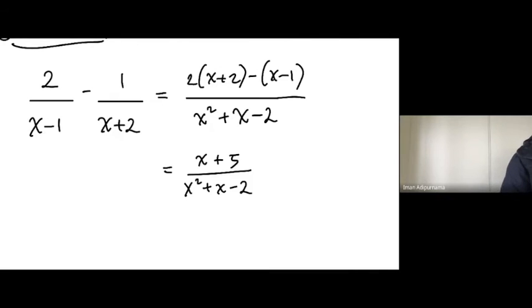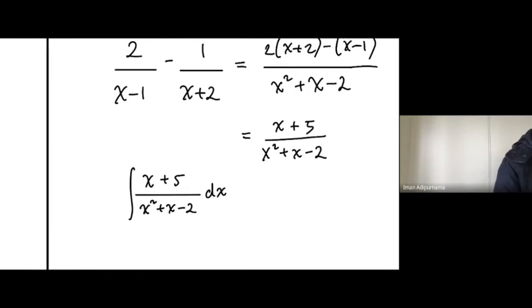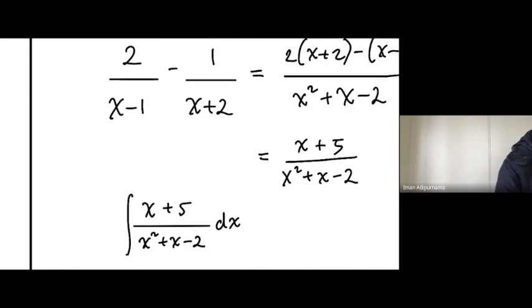So the idea of partial fractions, if you have the integration of x plus 5 over x squared plus x minus 2 dx. Okay. Because I already gave you the information that x plus 5 over x squared plus x minus 2 is from these two separate functions, right? Two separate, 2 over x minus 1 and 1 over x plus 2. I can separate this and then integrate each function.